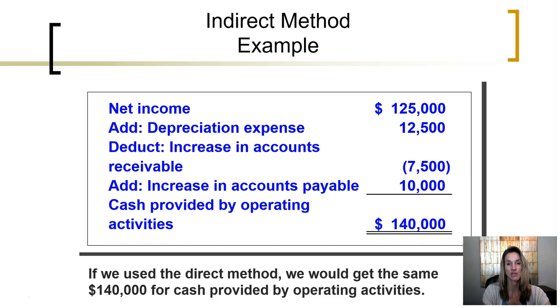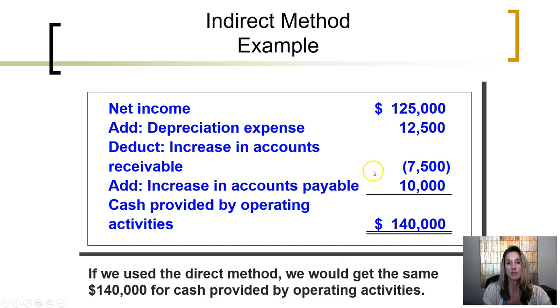The last type of adjustment we need to make would be to add back any losses or subtract any gains that were reported within the income statement. ABC did not report any gains or losses, so in this example, there were none to adjust net income for.